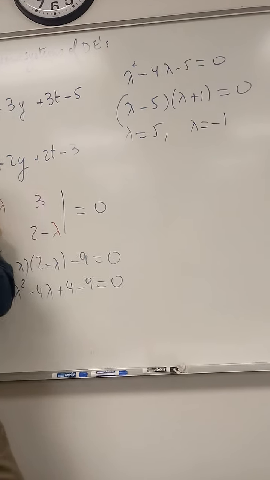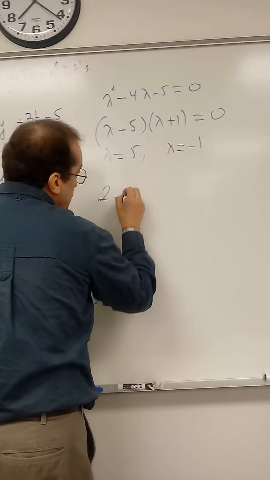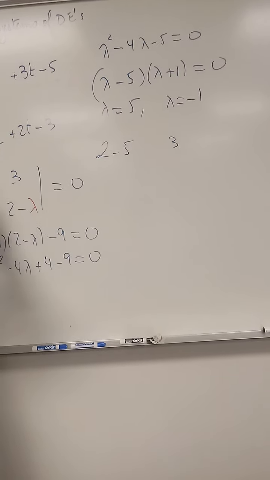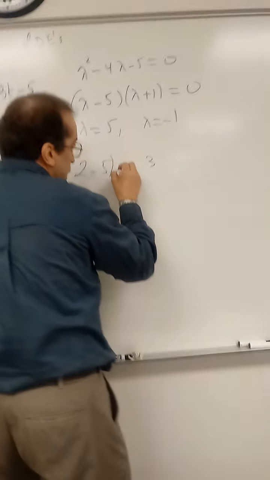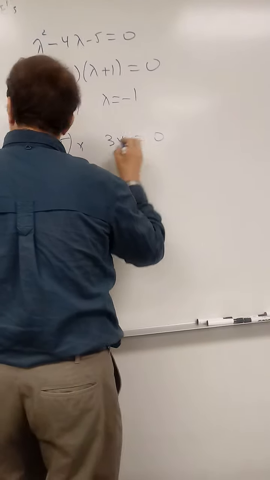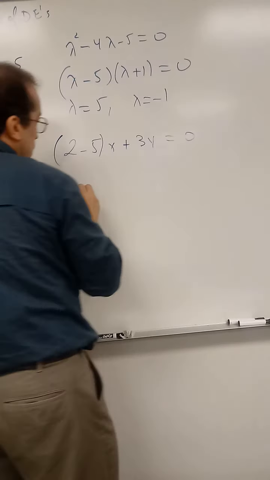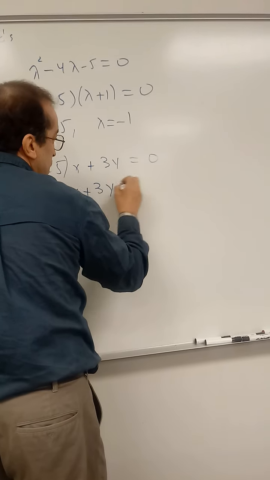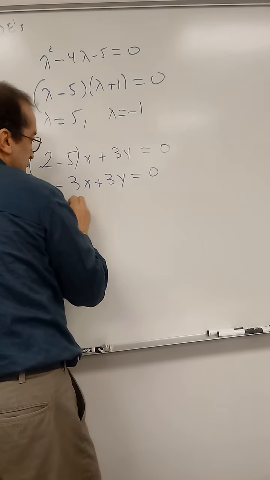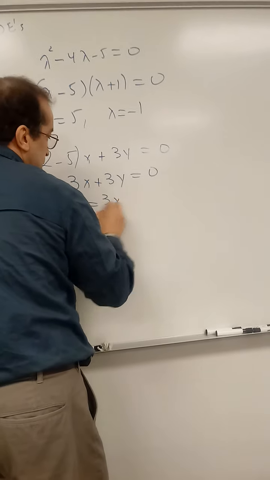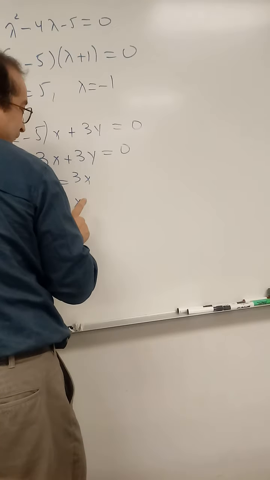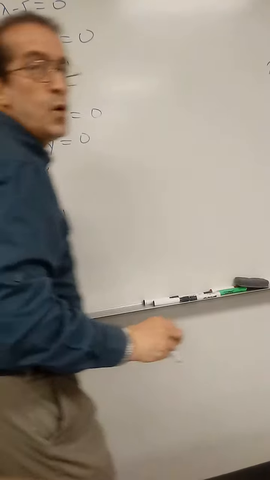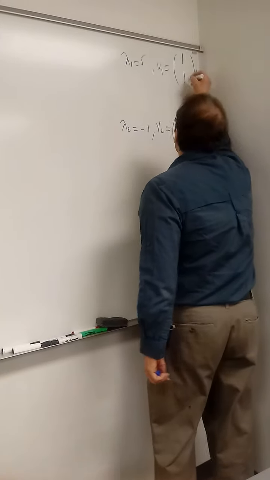For lambda equals 5, 2 minus 5, 3, and we don't need the second line, times x, y equals 0. So this is minus 3x plus 3y equals 0, which means 3y equals 3x, so y equals x. Pick x equals 1, y equals 1. So your first eigenvector is 1, 1.